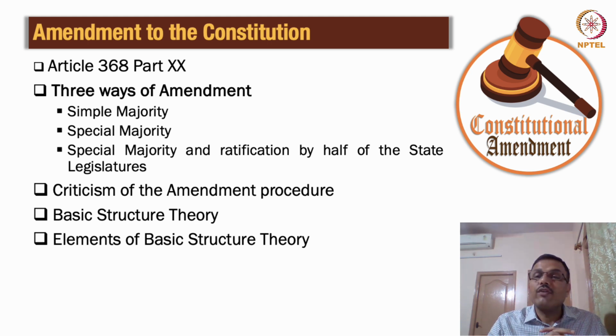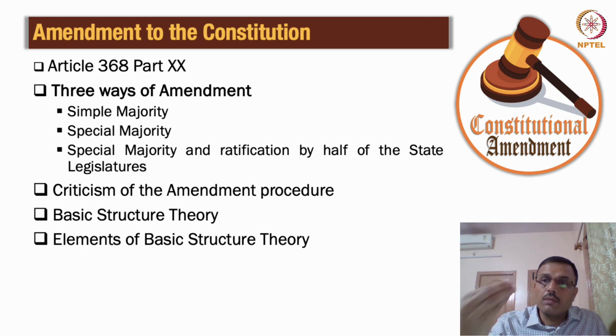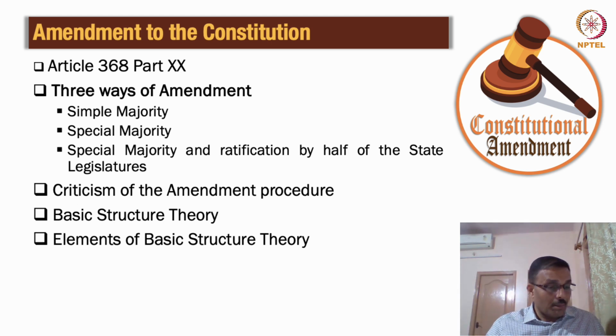So they must affirm their faith in the basic structure theory. They must say these are the parts that always shall continue to remain, and some of these parts can probably be changed. So the Kesavananda Bharati judges allowed the parliament to decide, but they said decide everything else except the basic structure, right? We'll also give you the power to decide fundamental rights if you wish, but then please don't touch the basic feature of the constitution.